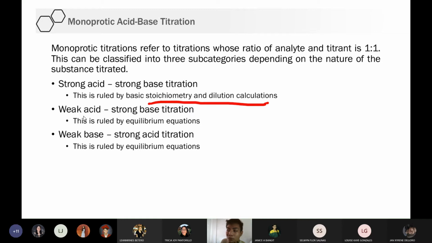However, if you have weak acid or weak base, these two are governed by equilibrium naman. Okay? So, ngayon pa lang, sinasabi ko na sa inyo that marami nga tayong equation na may encounter. Kasi iba yung case for strong acid, strong base. Iba yung case for weak acid, weak base. So, magkakaibang sistema sila. So, that means, iba-iba equations na ma-encounter natin dito.